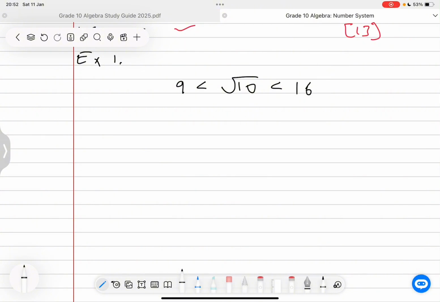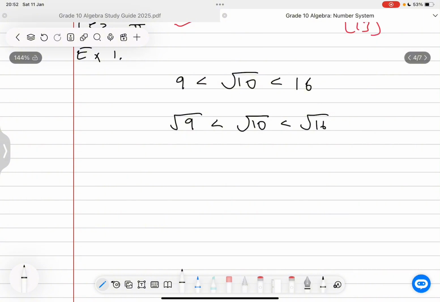Now, because we are dealing with a square root here, the second step is for us to put square roots on both sides. We put the square root on 9, we keep the square root of 10 the way it is, and we put the square root on 16. At this stage, we know that 9 can be written as 3 to the power 2, and we can convert the square root to 1 over 2.